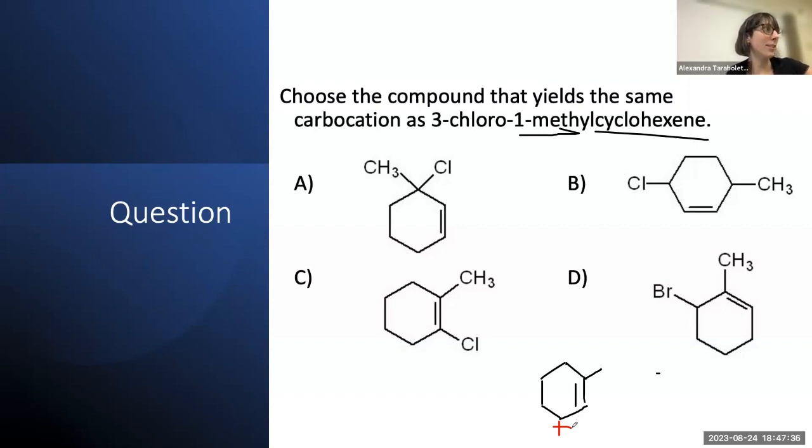Have I made an allylic system in this ring down here? I did, right? I have a positive charge that is next to a double bond, meaning that this can have resonance. And what is the other form that this can take? No methyl shift, just resonance. Allylic systems have resonance.